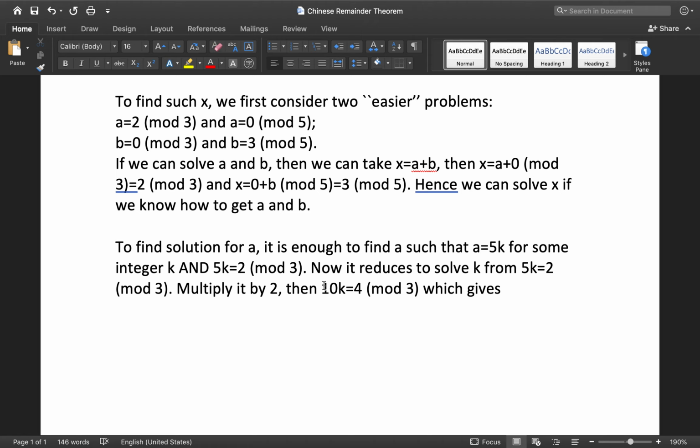So that means 10 is congruent to 1 modulo 3.